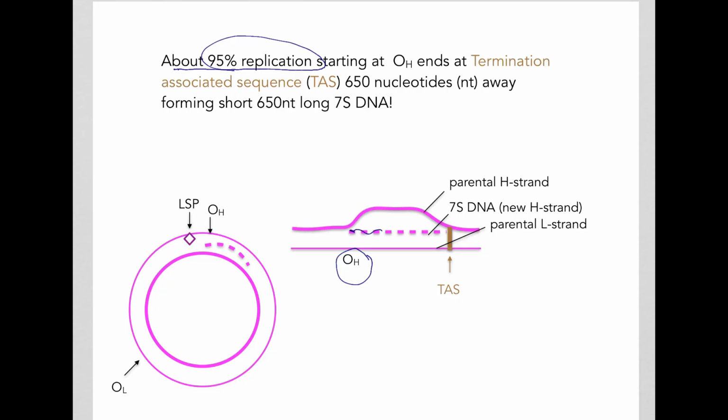They end right here at the termination associated sequence, which is about 650 nucleotides away, to form this short new H strand called 7S DNA.